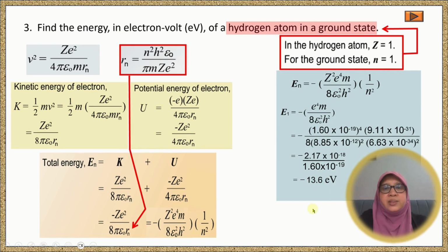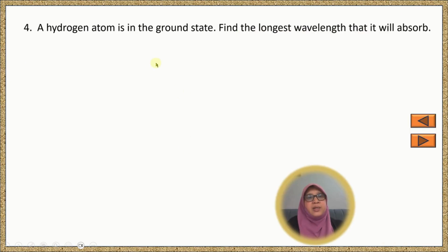Now we go to question 4. A hydrogen atom is in the ground state. Find the longest wavelength that it will absorb. Ground state means n equals 1. For the longest wavelength it will absorb, we can use the formula: hf equals the change in energy, which is final minus initial.